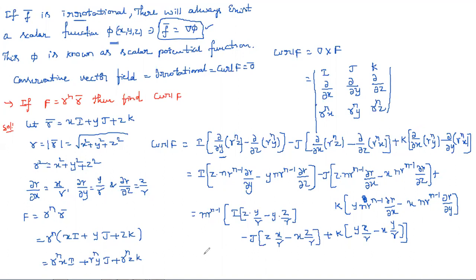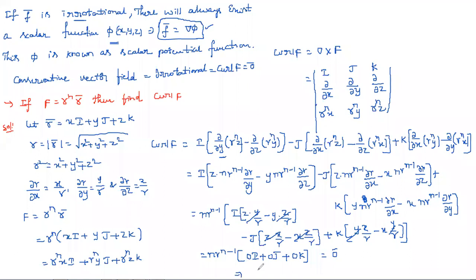So this is equal to n r^(n-1) into, simply here yz by r, yz by r. So this one, this one, and this one, obviously we'll get 0i plus 0j plus 0k, which is the zero vector. So curl f is equal to 0.